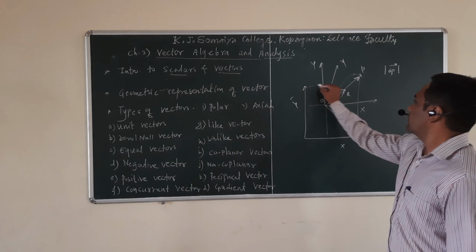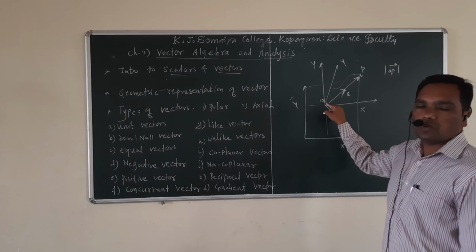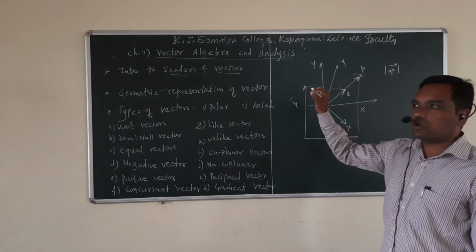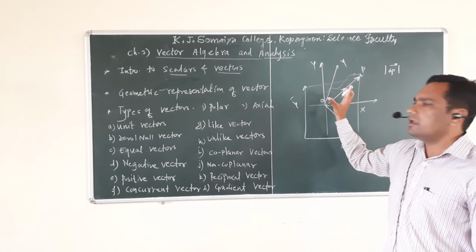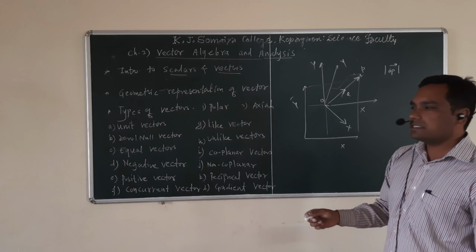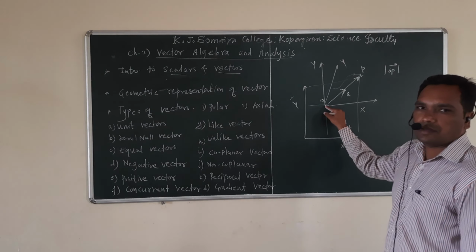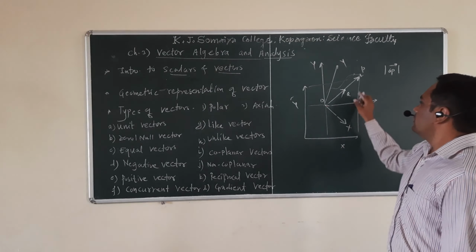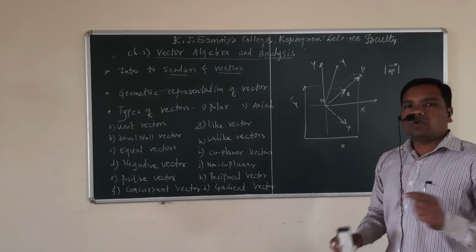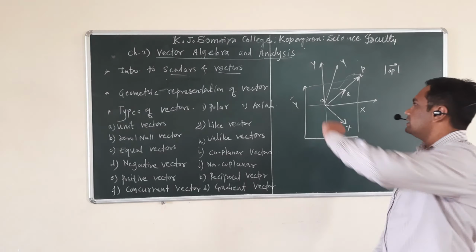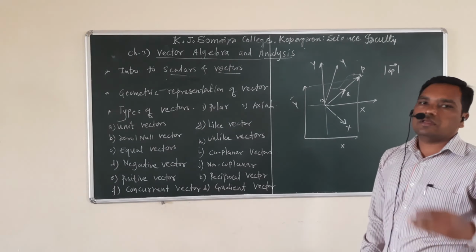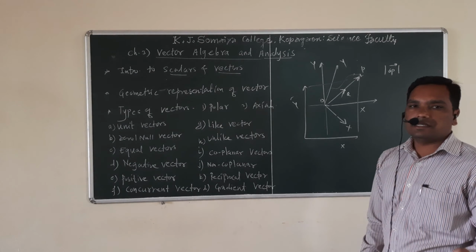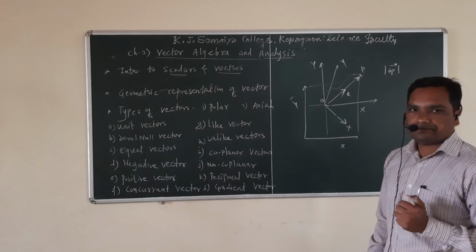So you can take your origin anywhere and show this vector. But in the very simple case, we take the origin at the starting point. Similarly, any two-dimensional vector can be represented geometrically like this. We can represent force, velocity, acceleration in this way.